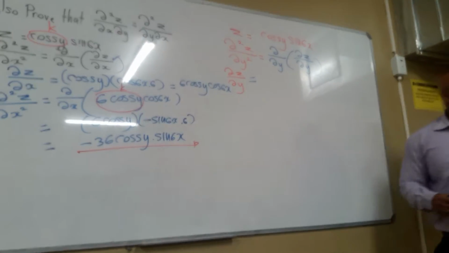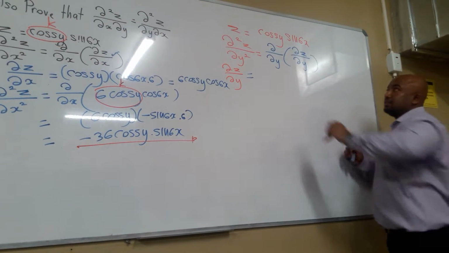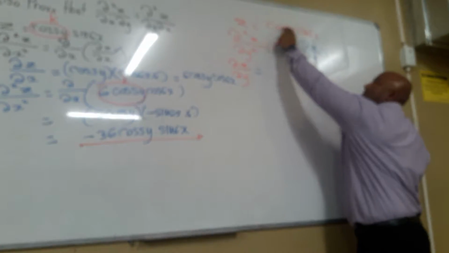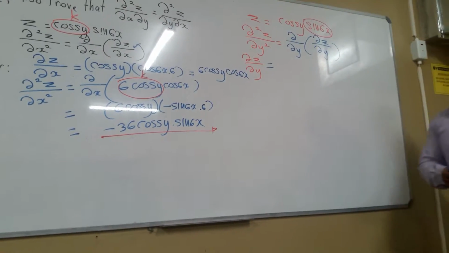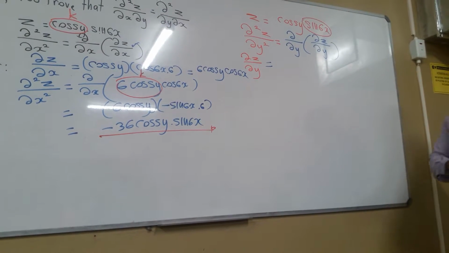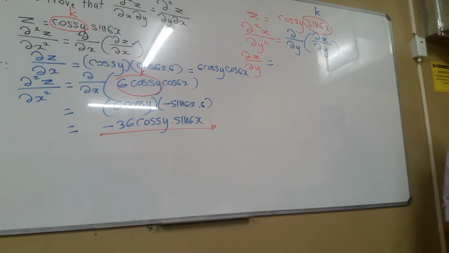So now I am differentiating with respect to y. That means I need to differentiate cos of 5y. I will treat sine of 6x as a constant because it's multiplication. So that will be my k, a constant.